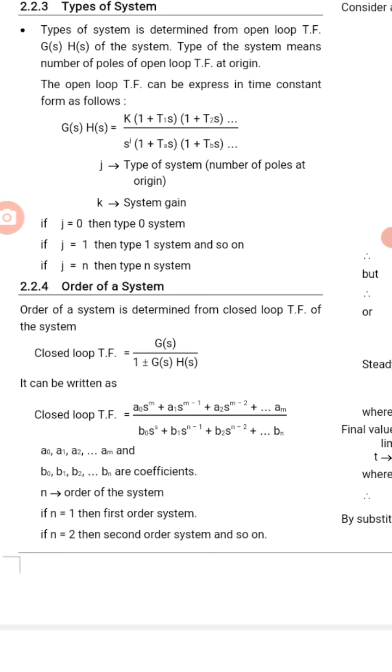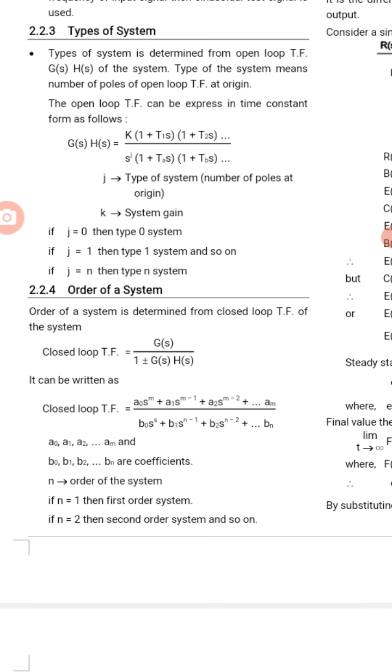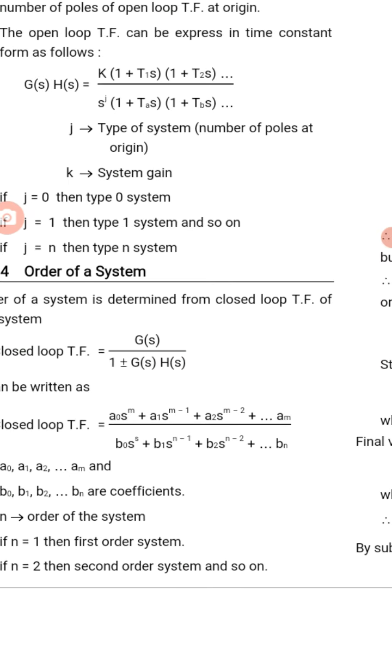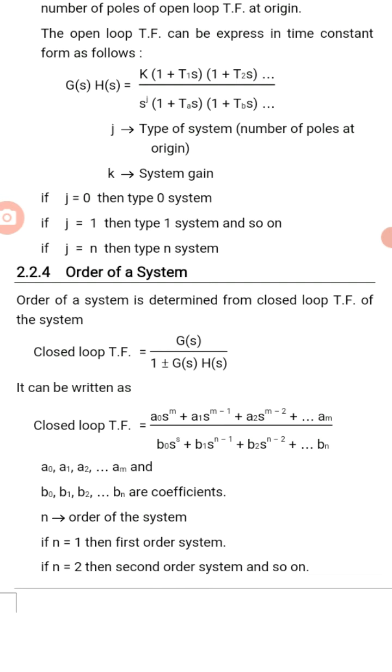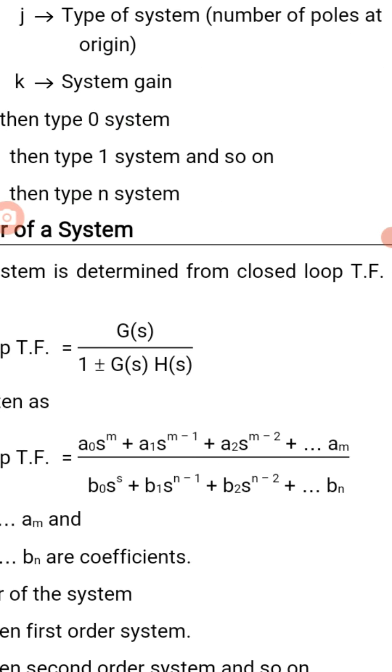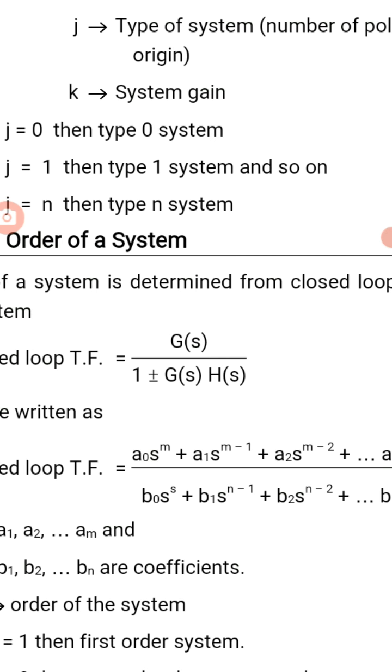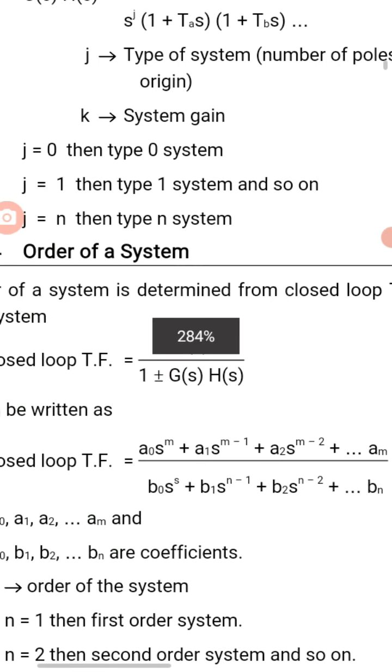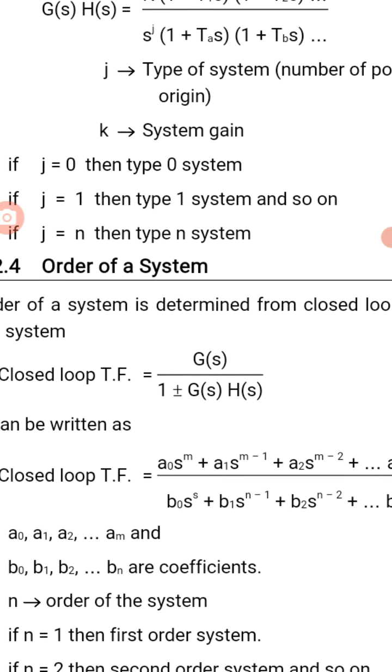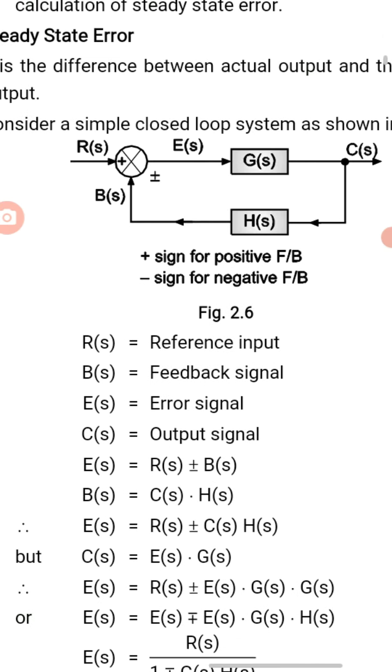In the figure you will find that the order of the system is recognized with the help of the closed loop transfer function. Let us say the closed loop transfer function is G(s) upon 1 plus G(s) into H(s). This is the closed loop transfer function of a closed loop system, where the system is like this.